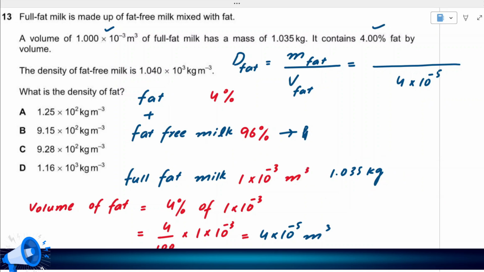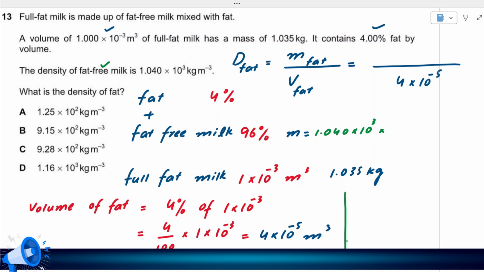Now, how do we find the mass of the second ingredient? How do we find the mass of fat-free milk? That mass equals density times volume. We know the density of this. What is the density? 1.040 times 10 to the power 3. What is the volume of this? We don't know directly, but like I said, it's 96% of the total volume.